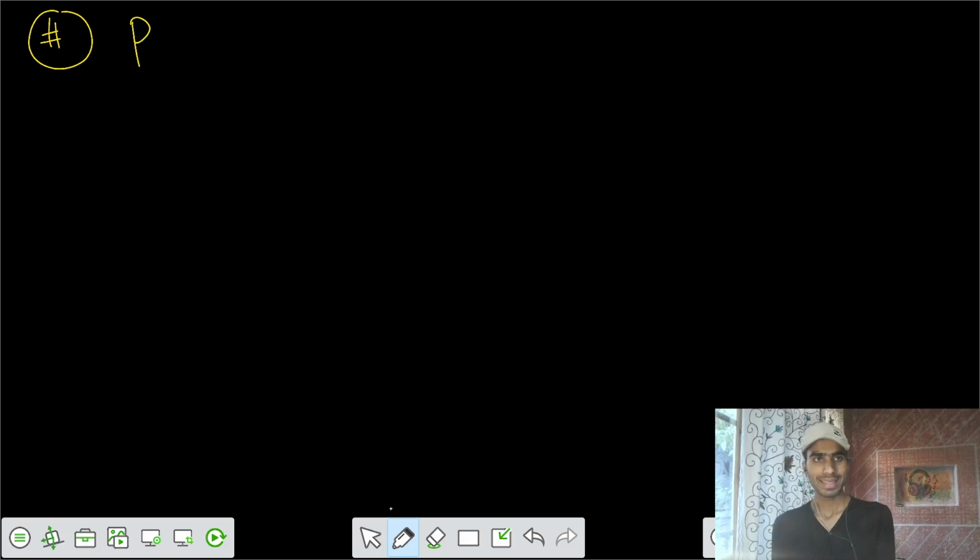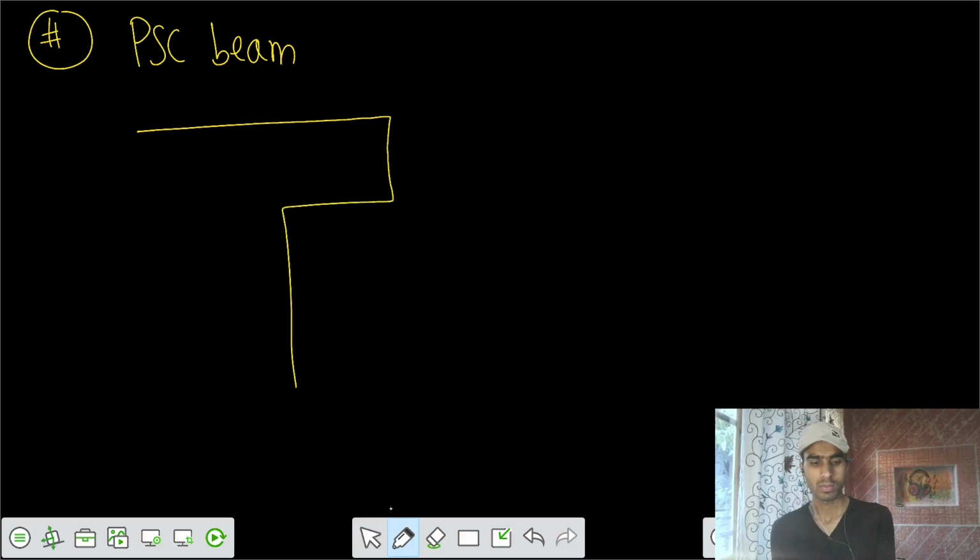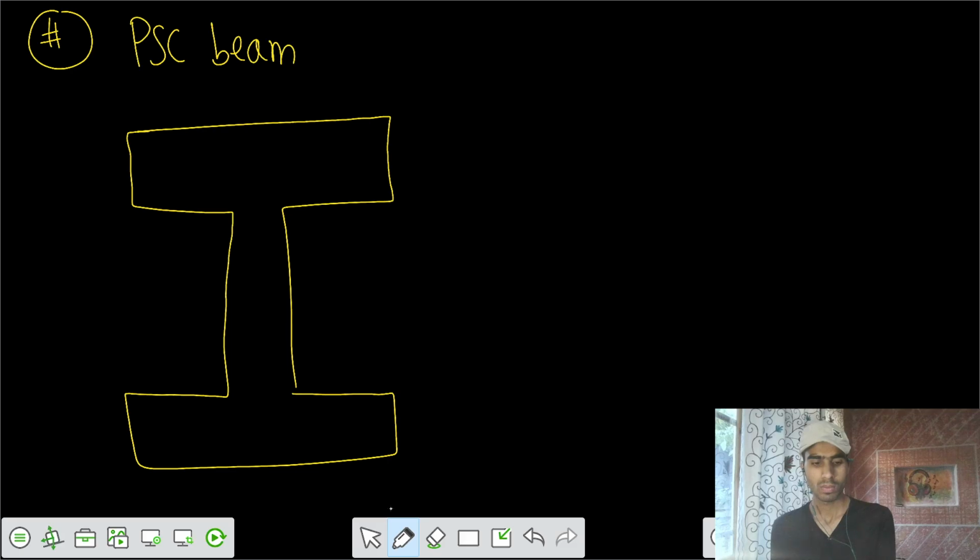You have this PSC beam with this cross section, that is an I section. The width here is 100 and the top width is also 100, and the thickness of the flange is 70.